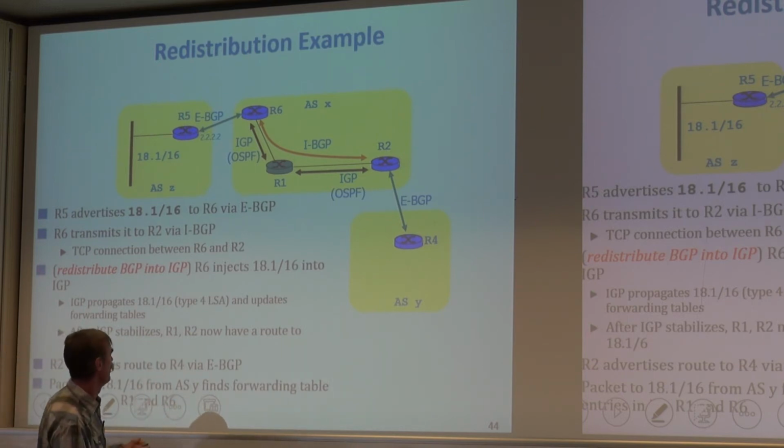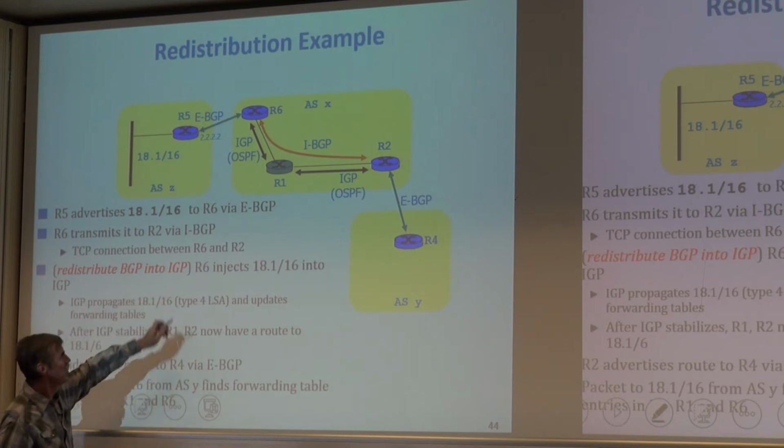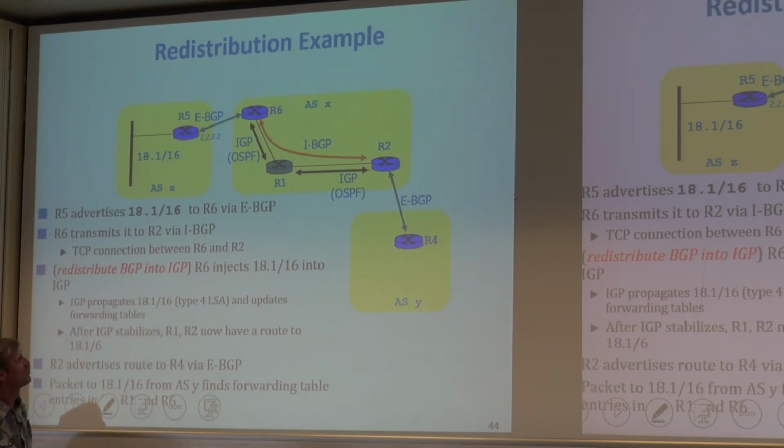So R2 will pass the information to R4. Now, if we redistribute BGP into RIP, R6 will inject 18.1.16 into the interior routing protocol, as if the 18.1 was directly connected to R6.